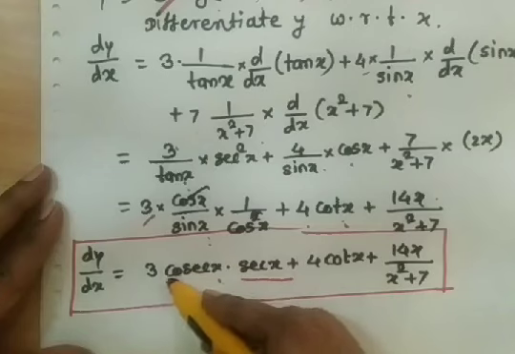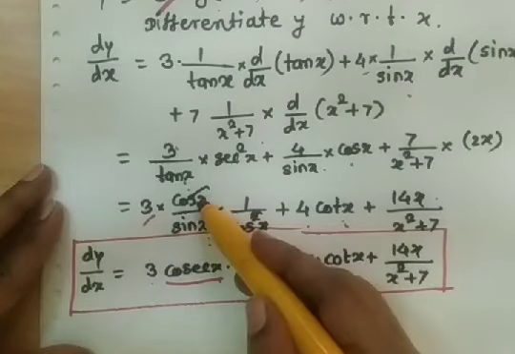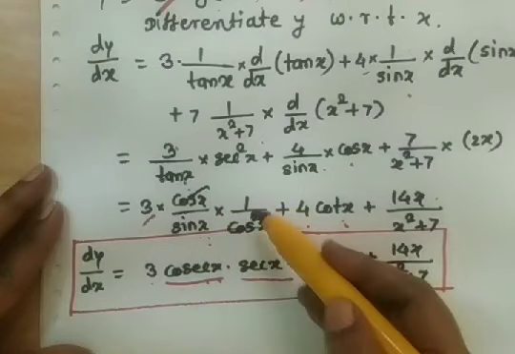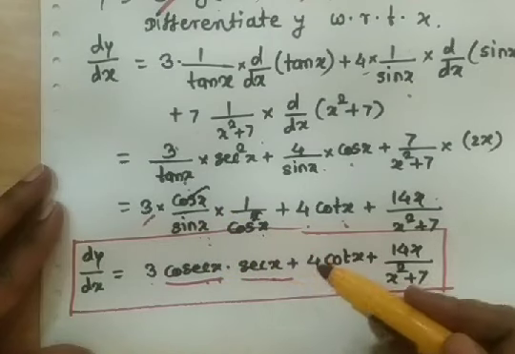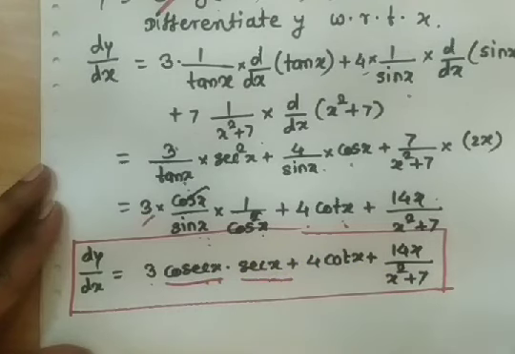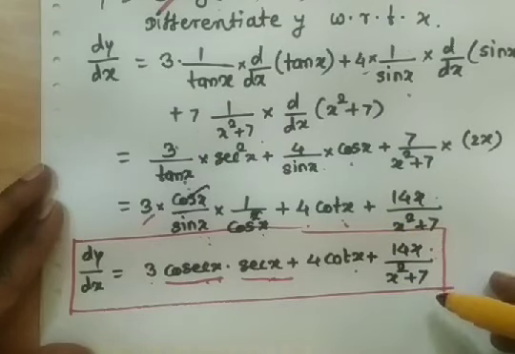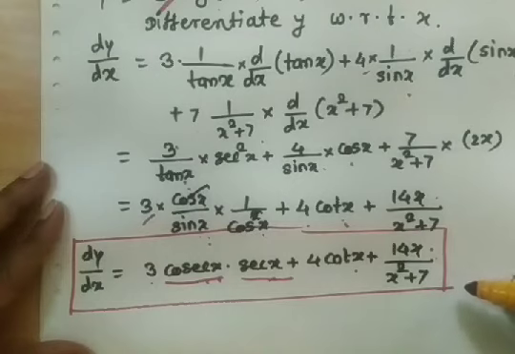So the first term is 3 cosec x into sec x, the second is 4 cot of x, and the third is 14x divided by x square plus 1. Okay, students?